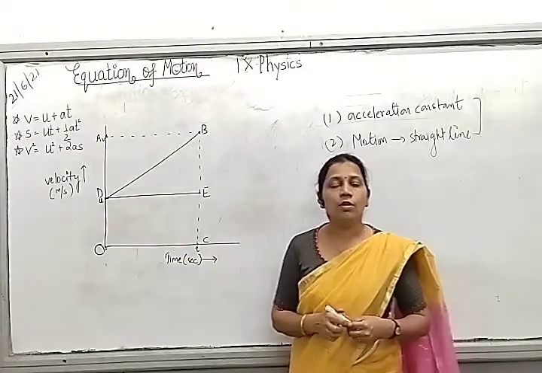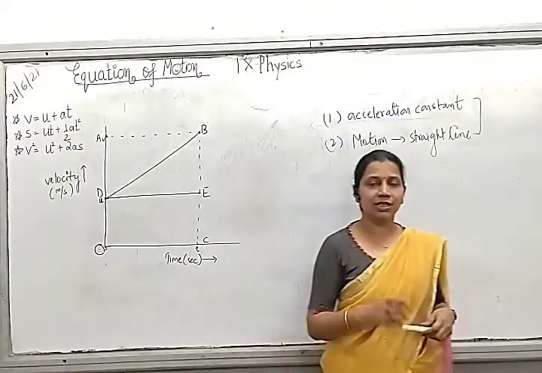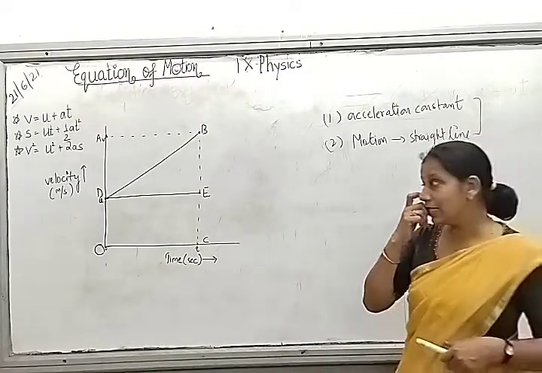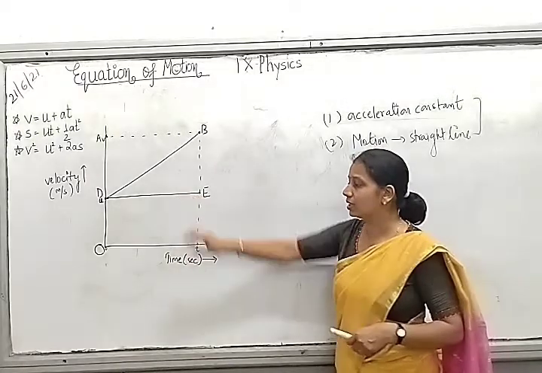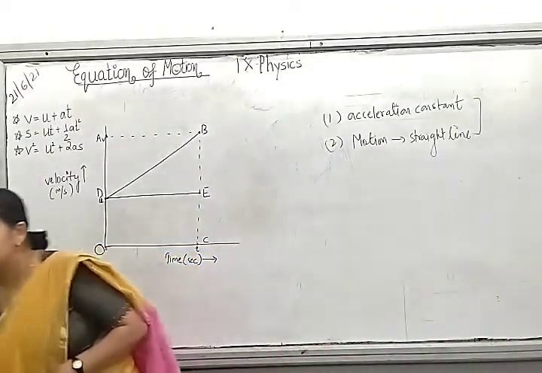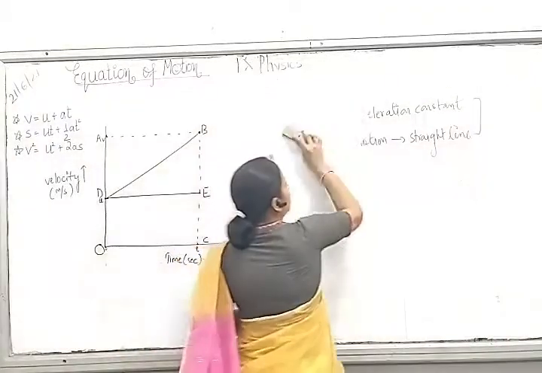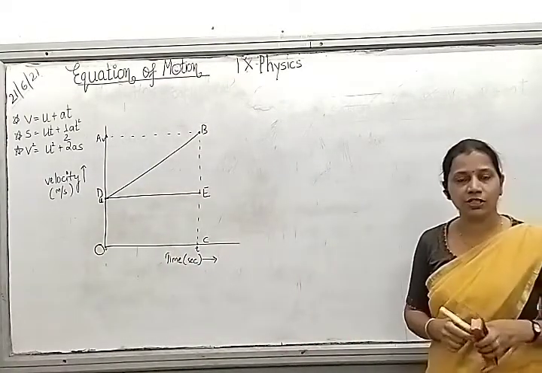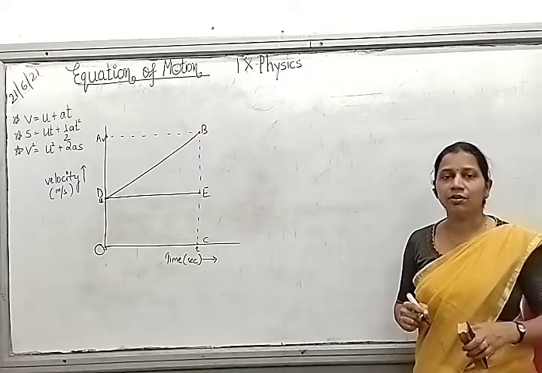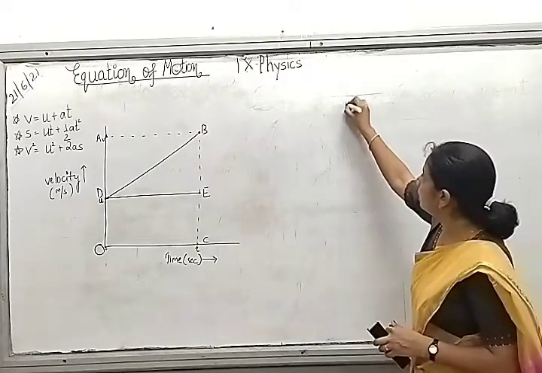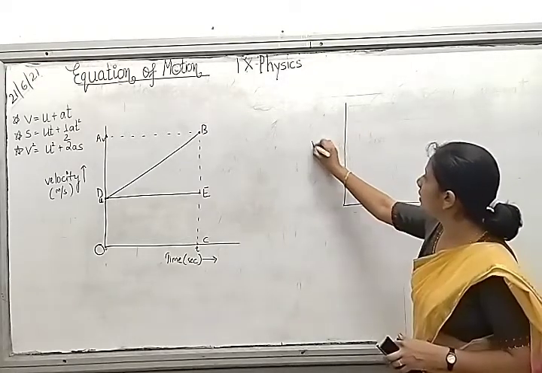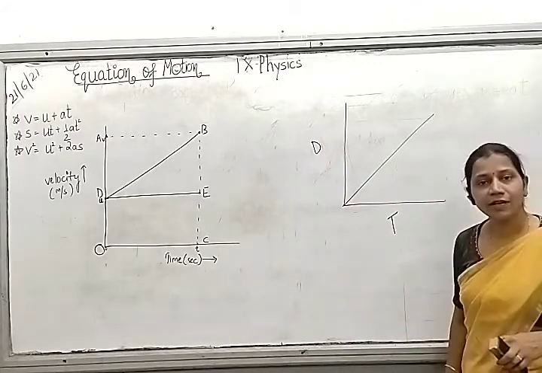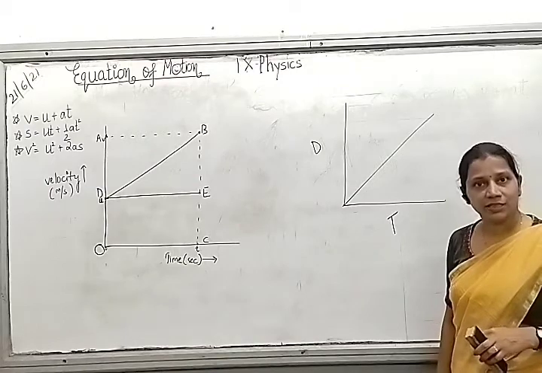Now, for the second equation of motion, that is the position-time relation, we have to find distance or position using this velocity-time graph. Before starting with the derivation, one important thing I want to tell you is, whenever you have a distance-time graph, using the slope you can find velocity, right?